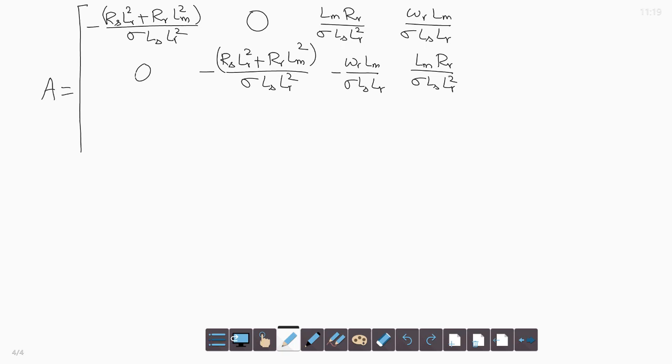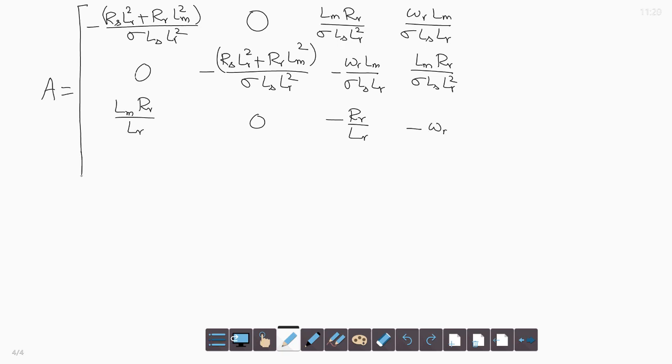This is the second row. Third row is L m R r by L r, then 0, then minus R r by L r and minus omega r.